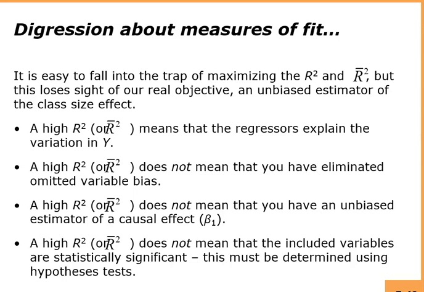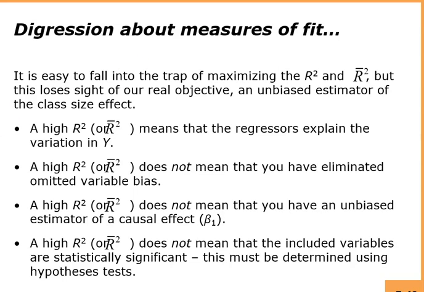This must be determined using a hypothesis test. Even if you include a control variable which is not significant, it can still lead to a high R-square, which means a high R-square does not mean that the variable you have included actually yields a significant coefficient.